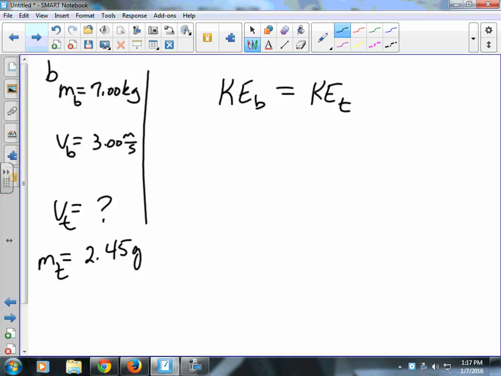Okay, let's substitute in some values. What's the equation for kinetic energy? 1/2 mv squared.